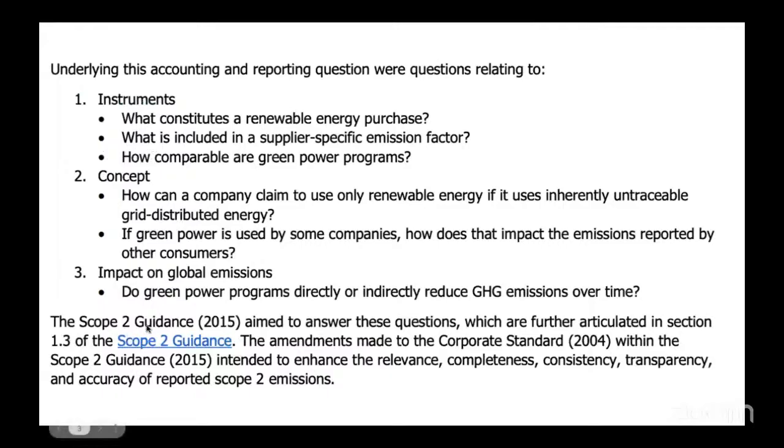The Scope 2 guidance aimed to answer these questions, which are further articulated in section 1.3 of the Scope 2 guidance. The amendments made to the corporate standard within the Scope 2 guidance were intended to enhance the relevance, completeness, consistency, transparency, and accuracy of reported Scope 2 emissions.